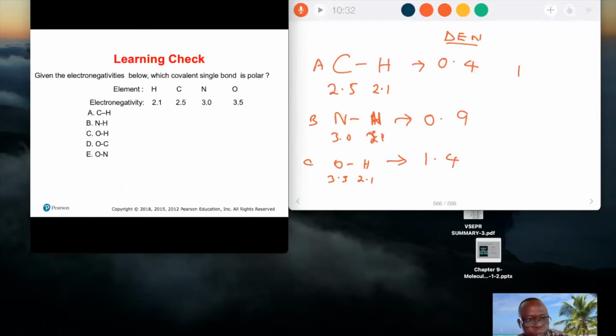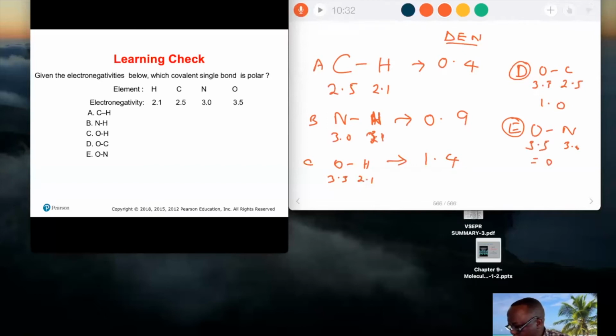D is OC: carbon is 2.5, oxygen is 3.5, and this is 1.0. And E, we go to ON: 3.0 and 3.5, which is 0.5.